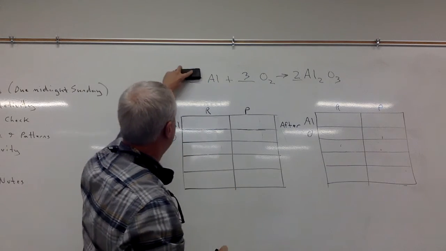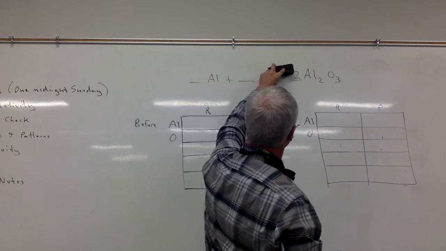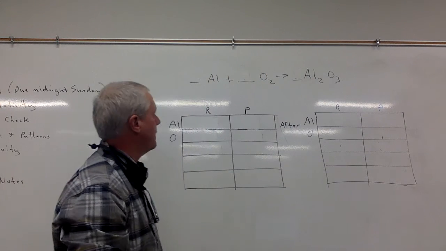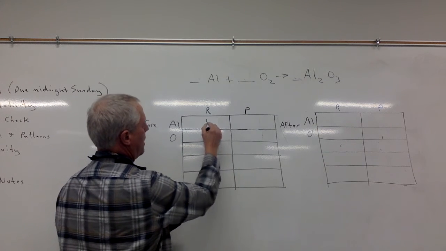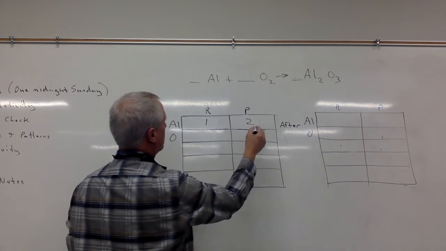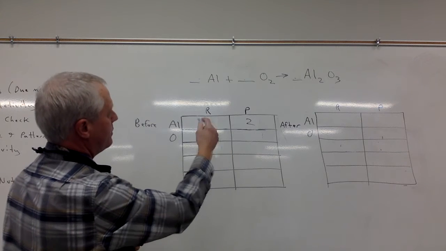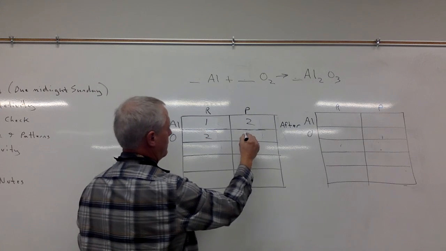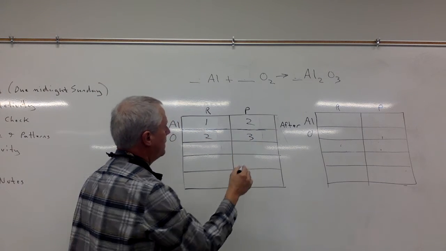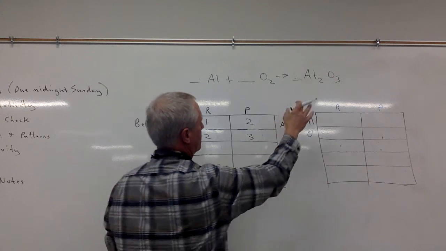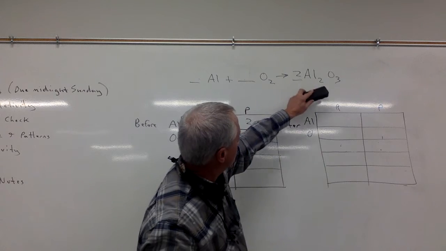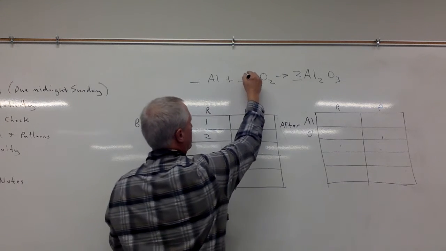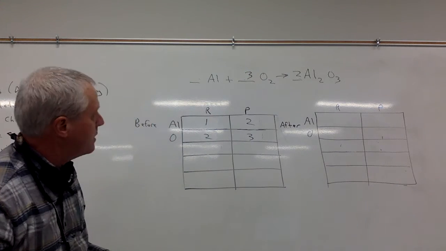But remember, before we go there in our head, let's do the before. We have a 1-to-2 here with the aluminum, and a 2-to-3 with the oxygen. But by putting a 2 over here, trying to even up our number of oxygens to 6, I could put a 3 here, which brings me to 6 oxygens.